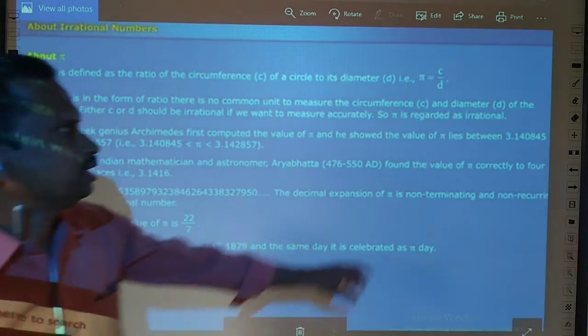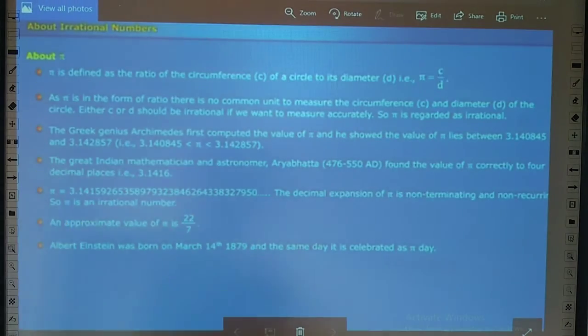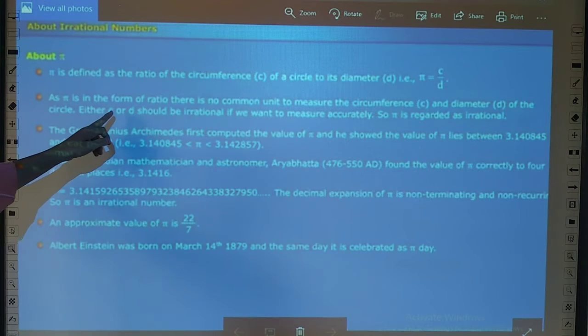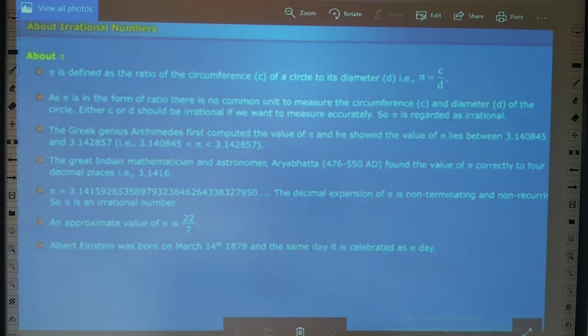That we know, pi equals c by d. As pi is in the form of a ratio, there is no common unit to measure the circumference and diameter of the circle. Either c or d should be irrational if we want to measure accurately. So pi is regarded as irrational.